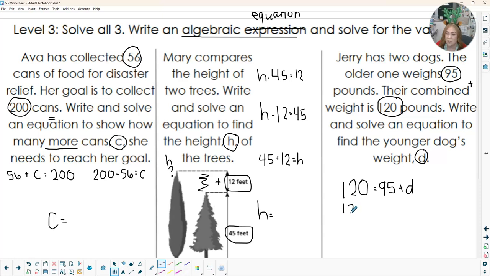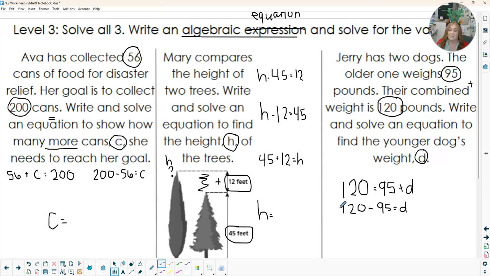We can take the total. We can, right, the opposite of add is to subtract. We can take away the bigger dog, and we can see how much does this dog weigh. Because that's what we would do here. To get D by itself, the opposite of plus is minus 95.